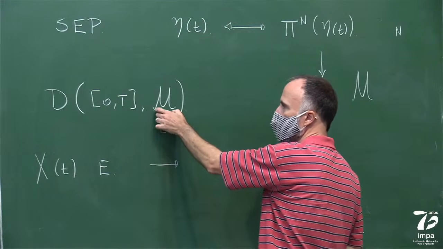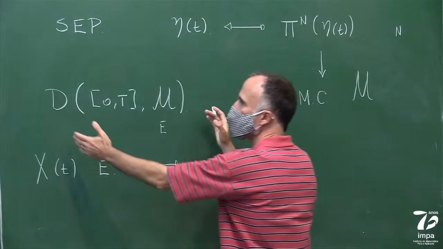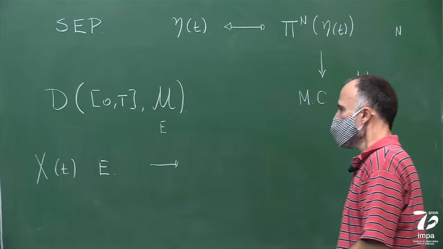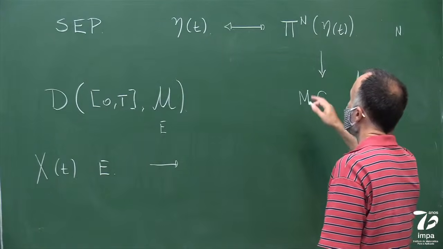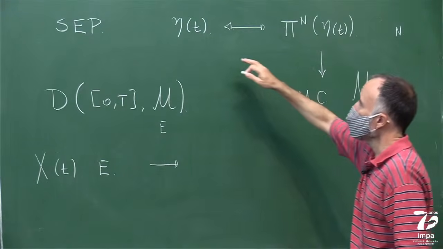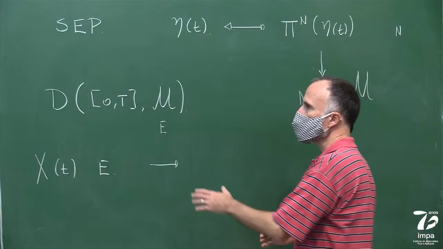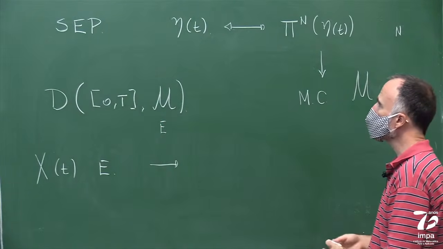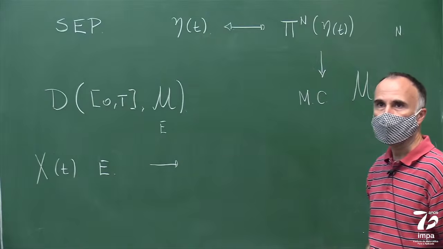And if M is a complete separable metric space, I define the metric in this space, a topology in this space. So what we have is that if I give you an initial state, and since we define this Markov chain, with these two ingredients, now I can define a measure in this space. This is the measure induced by the initial measure of my process and by the dynamics.